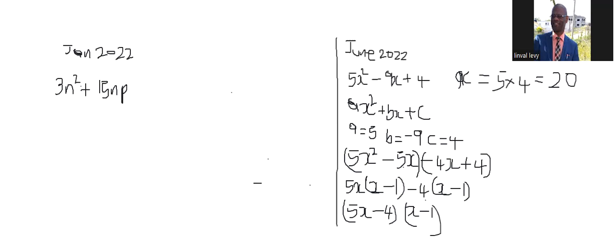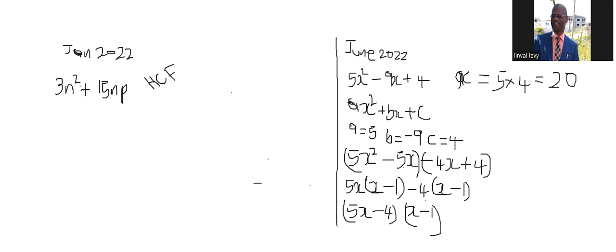Now, for this one, again, we are going to factorize this by finding the highest common factor, right? HCF. Now, what's the highest common factor of 3n squared and 15np?